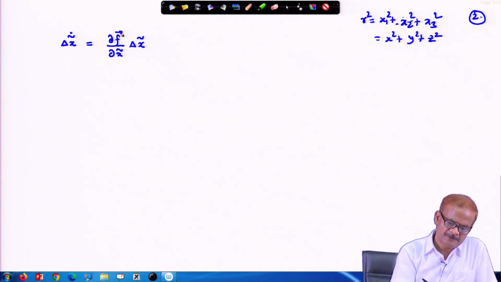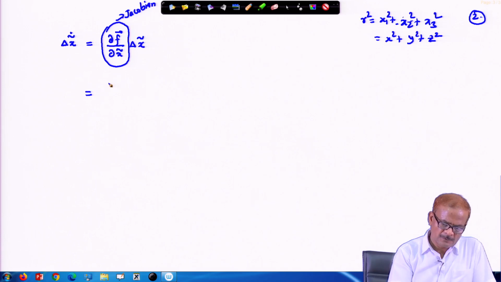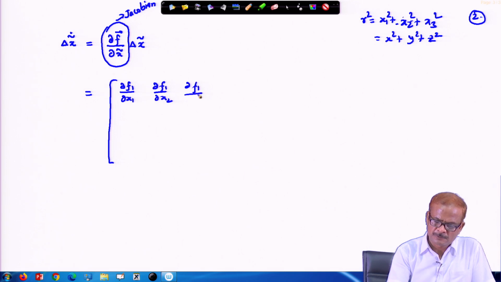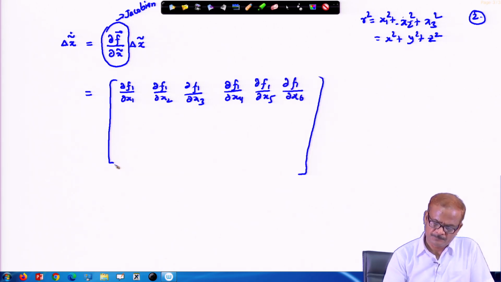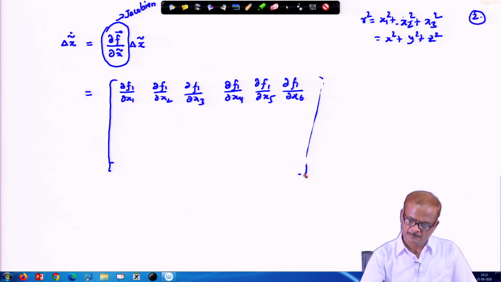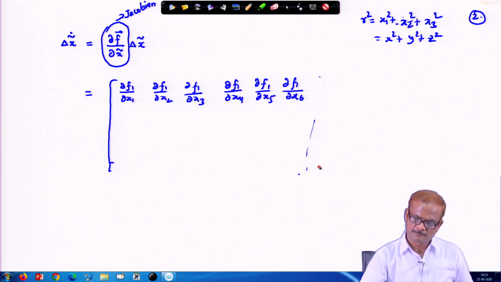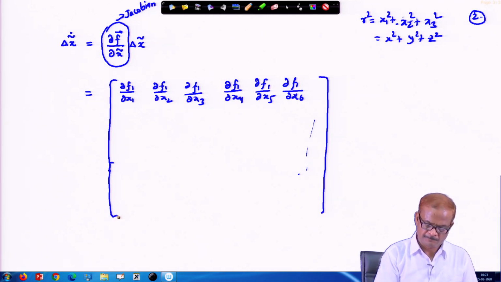Here f is also a vector and x is also a vector. So, this forms your Jacobian, and this we can write as dou f 1 by dou x 1, dou f 1 by dou x 2, dou x 3, okay.